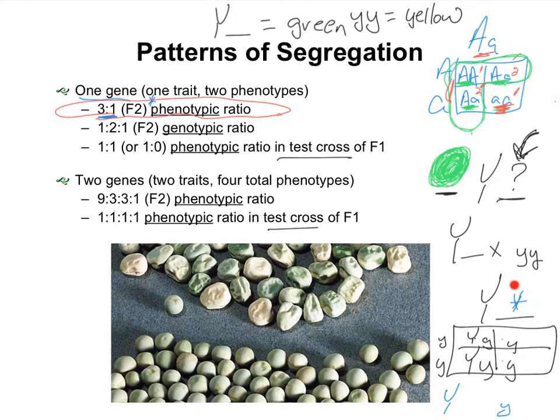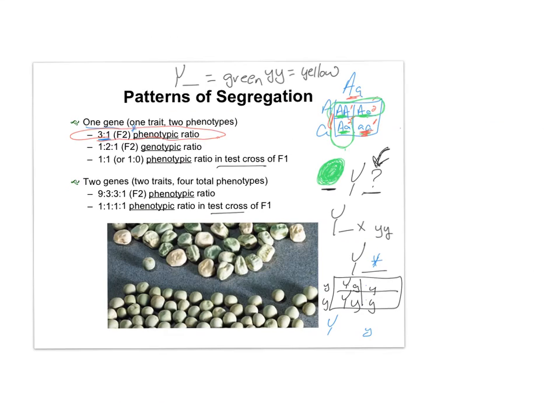If this ended up being a big Y, so it's homozygous dominant, then you'd have 100% green and 0% yellow, or 4 green to 0 yellow, and so you'd have a 1-to-0. Okay? All right, let's go ahead and delete that and look at a double or a dihybrid.